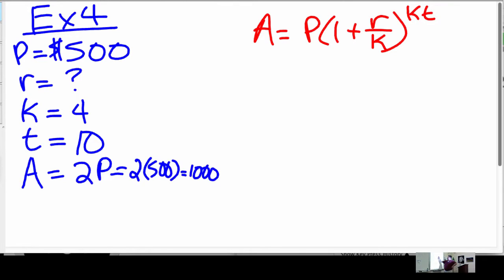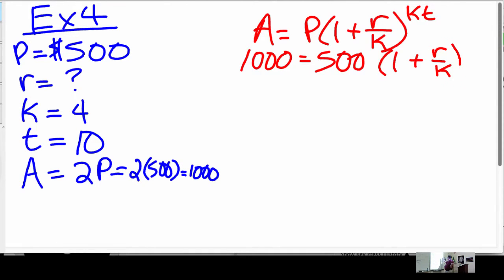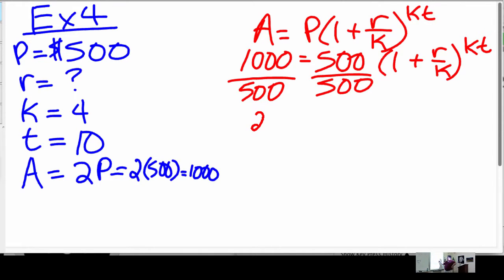If I say 1,000 equals 500, and then I'm not even going to fill in the rest for right now. The first step usually is you divide both sides by this, right? And you'll end up with 2 equals 1 plus R over K to the KT, right?